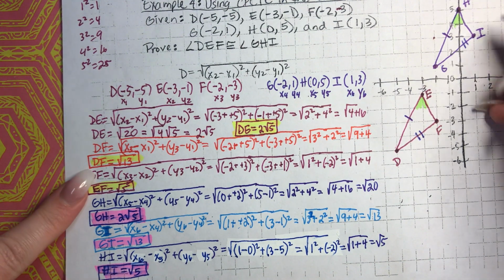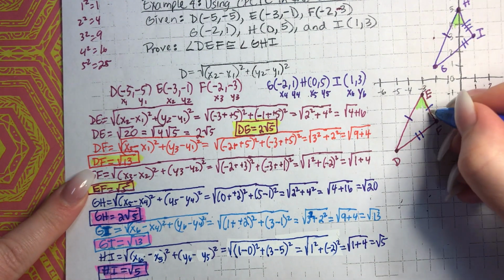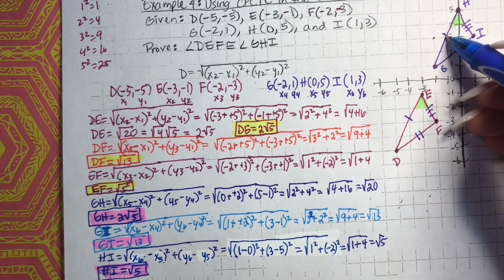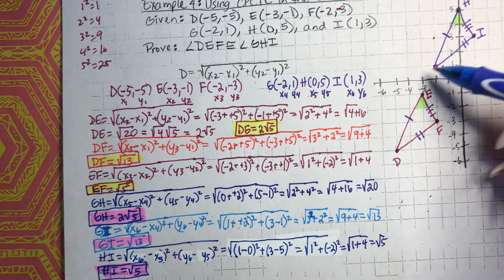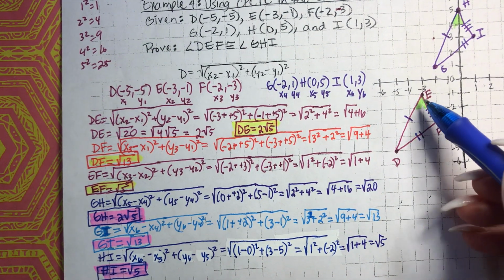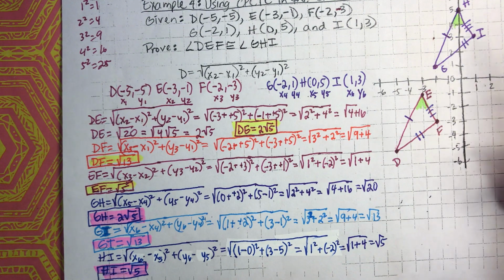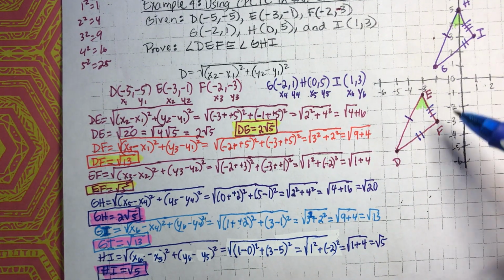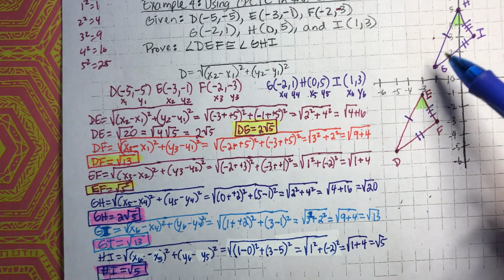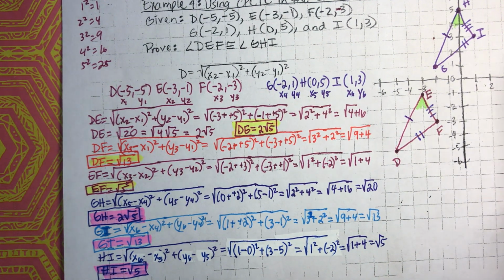And then lastly, this one is congruent to this one. Okay, so this angle is between a 1 and a 3, a side that's a 1 and a 3. So for it to be the same angle, it has to be between the 2 sides. So this is between a 1 and 3. So we know that those 2 angles are congruent. So we got the 2 triangles that are congruent. We know that these are corresponding angles. So therefore, these angles are congruent because of CPCTC.